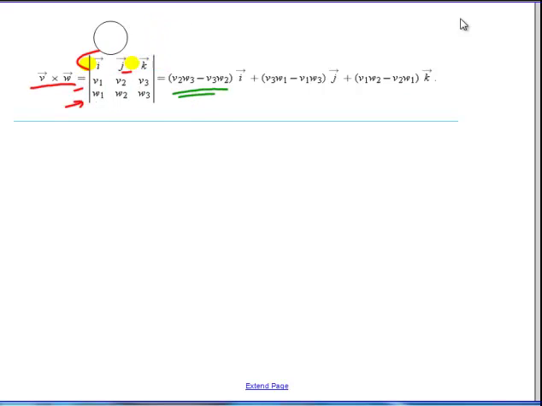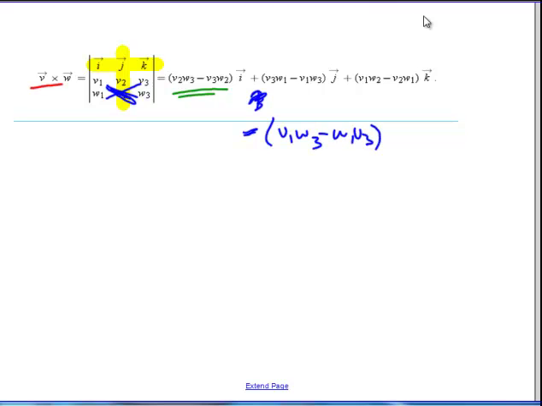And then once you get the i component, we look at j, and remember it's going to be a minus, and then v1 times w3 minus w1 times v3. Some books include a plus and then switch the order of operations, but I like to keep it as minus and then go down the diagonal. So v1 w3 minus w1 v3, and you get the same thing.